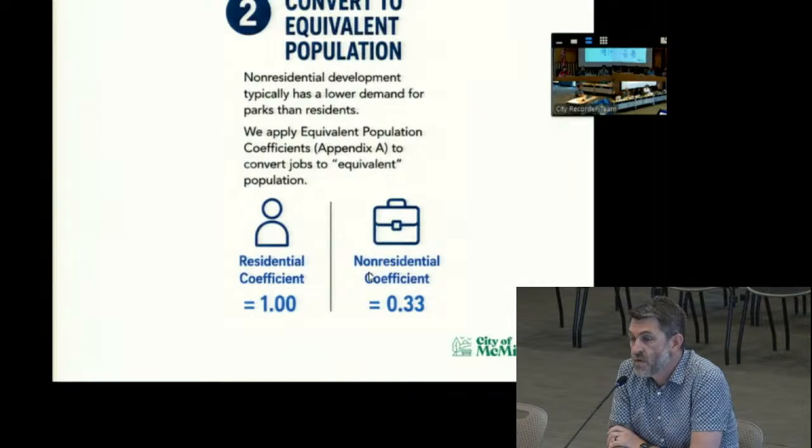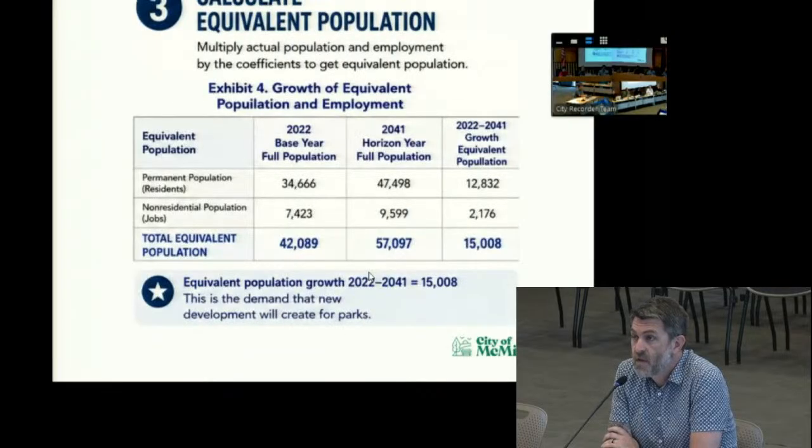To do that, you use a residential coefficient of 1, so one person equals one population, and then the non-residential coefficient that was used in the assumption for the current methodology was 0.33 per job. So a job is the equivalent of 1/3 of a resident. From that, we calculate an equivalent population of expected growth. So that is the 15,000 number you see in the lower right of the table.